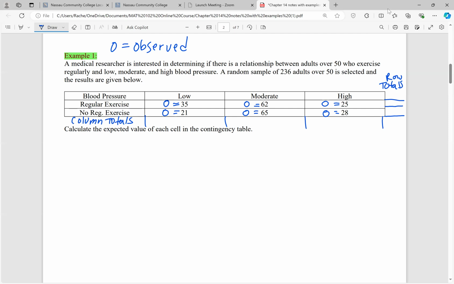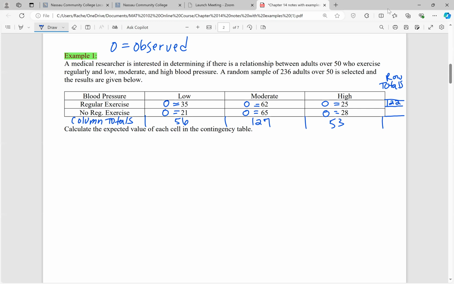So if I were to add up the first column for low, we would get 56 people. For moderate, we would get 127 if I were to add those observed values. And if I were to add for high over the regular and no exercise, we would get 53. Now if I were to do the row total, if I were to add across all the people that regularly exercise, we would get 122.